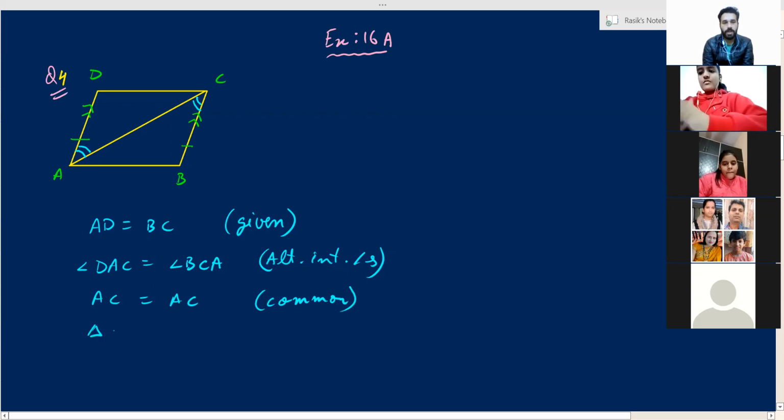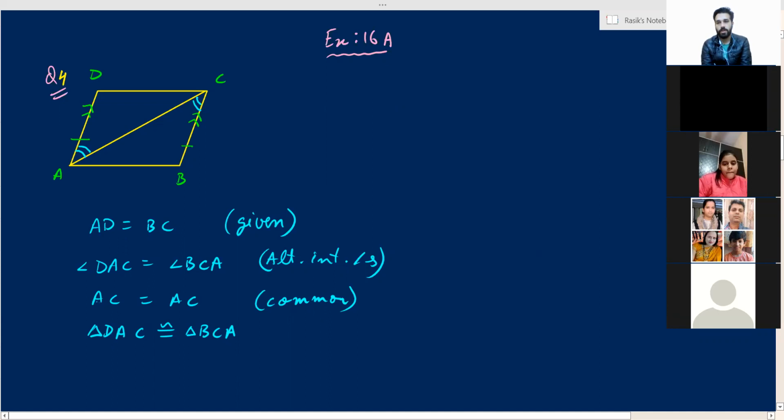So now we can say that triangle ADC, sorry, not ADC, triangle DAC is congruent to BCA. I am writing the corresponding parts in the correct order.